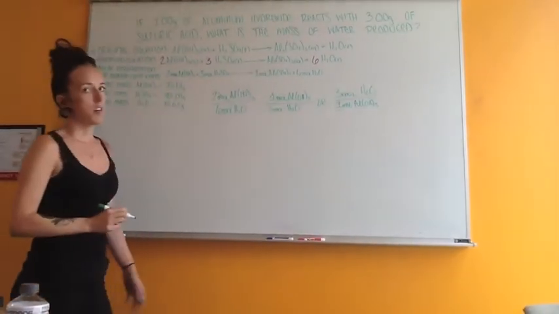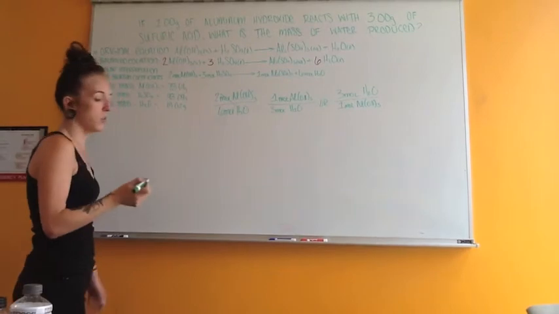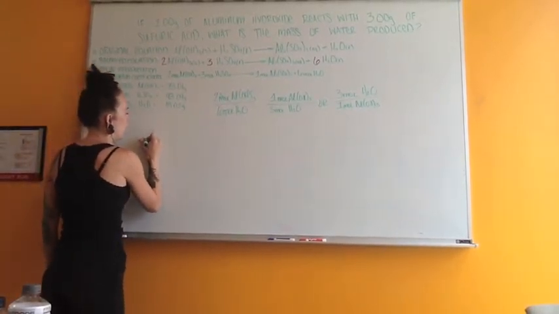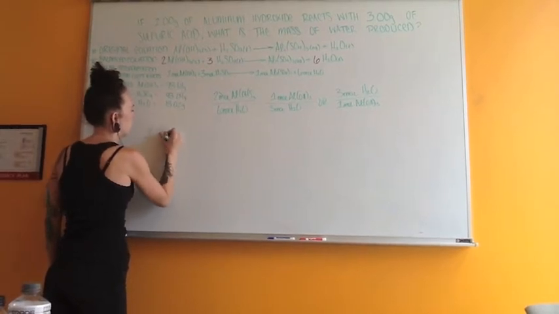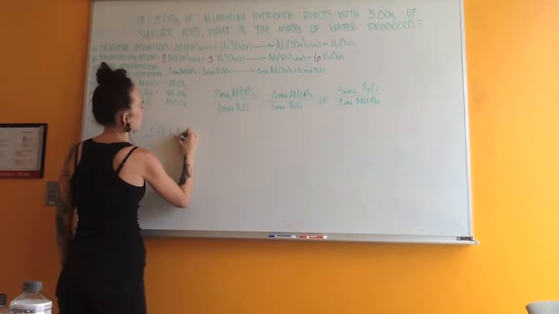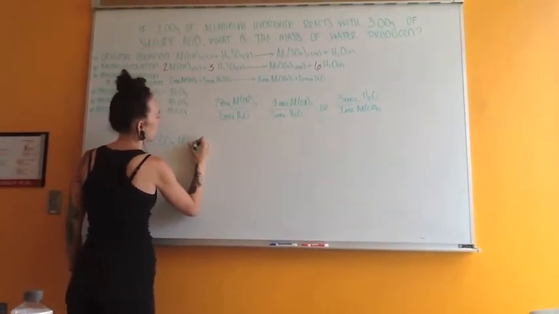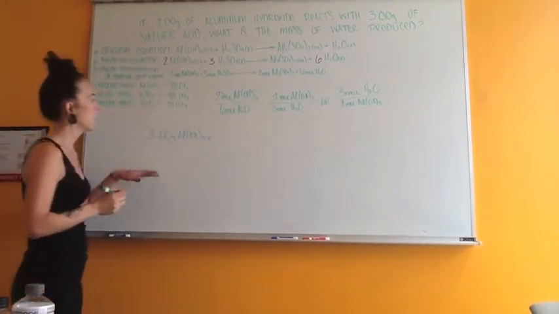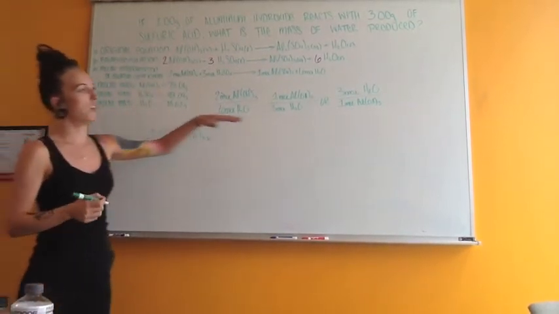And then we're going to need to determine which unit factor needs to be used. So we'll start the problem off with our given of the 1 gram of our aluminum hydroxide. And we're going to want to take our grams, turn it into moles.